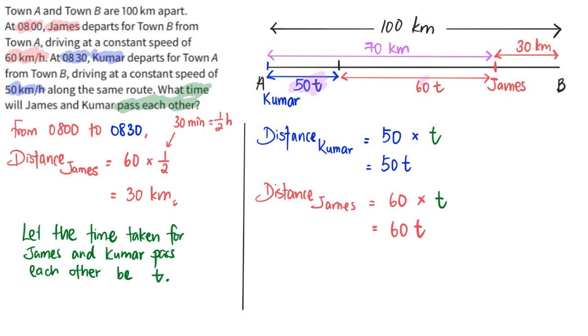That means 50T and 60T add up to 70 kilometers. So for my first equation, I would have 50T plus 60T. This will give me 70 kilometers.